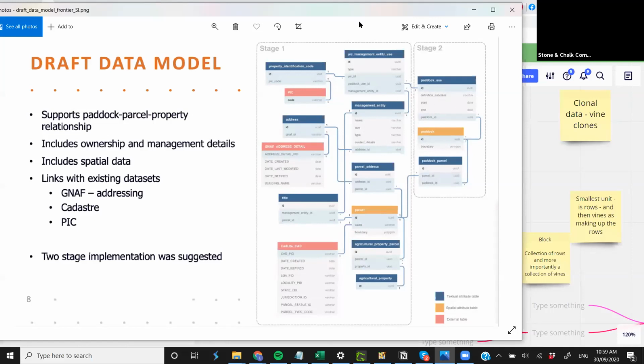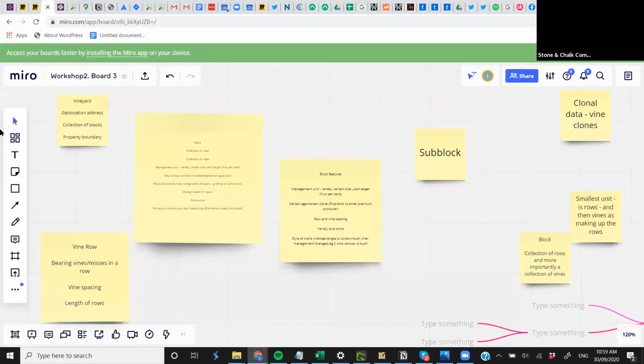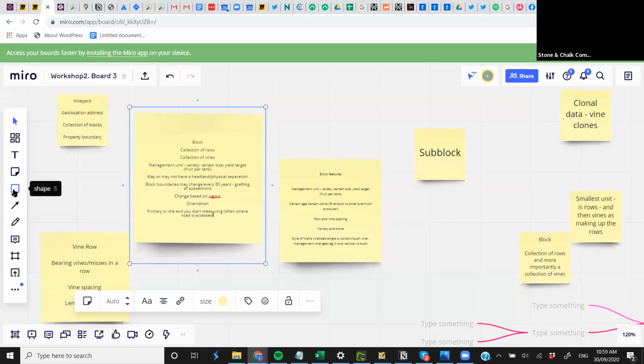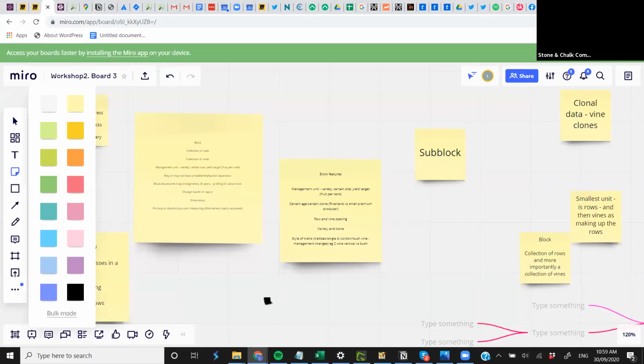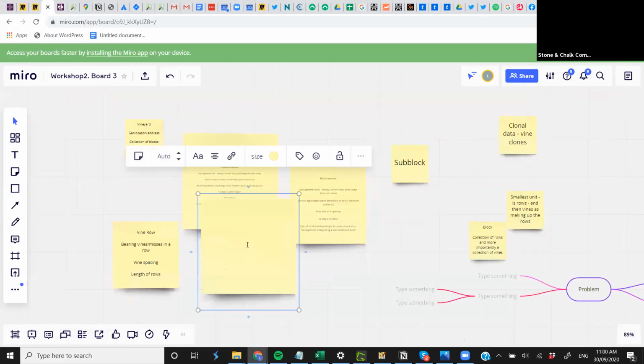There's use, so the use that we've got are things like variety. What are the other use or metadata things that you would then use or sell or pass on?